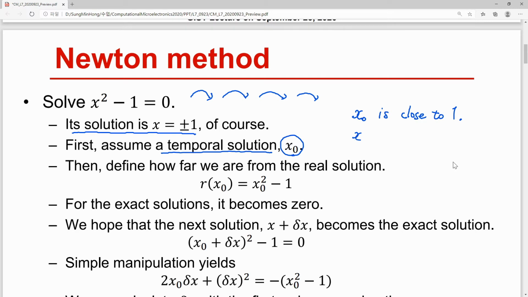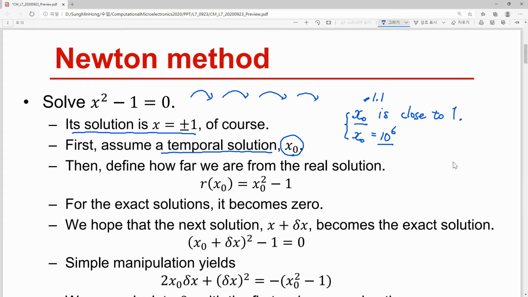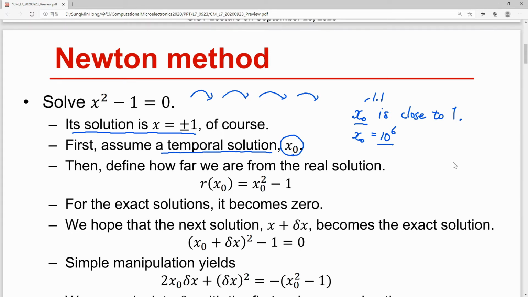And if x naught is, for example, 10 to the 6, 1 million, then we will say maybe x naught is far away from the solution. Anyhow, it is up to our decision whether x naught is decided as 1.1 or 1 million. Anyway, we can set a certain guess on the solution. So x naught can be an arbitrary guess.